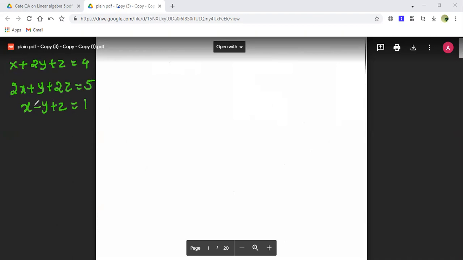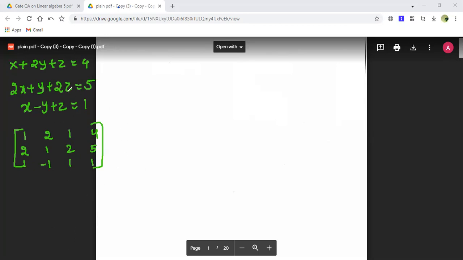So we have to write it in terms of the augmented matrix. Let the augmented matrix of the system be 1 2 1 4, 2 1 2 5, and 1 minus 1 1 1. So this is the augmented matrix of this system.